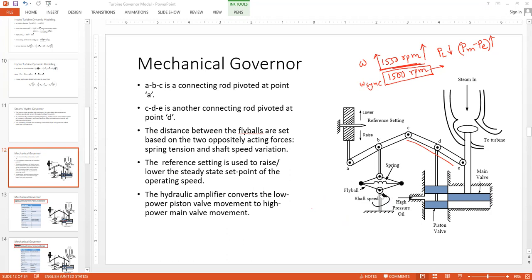Because of the higher rotational speed, the rotational motion will exert more pressure on the spring, so the spring cannot sustain whatever position it had. It will expand due to the additional 50 RPM. So the spring tension will be relaxed, and the fly balls will move apart.